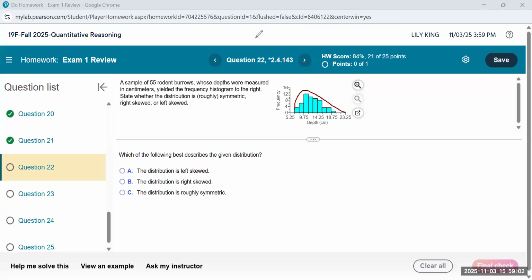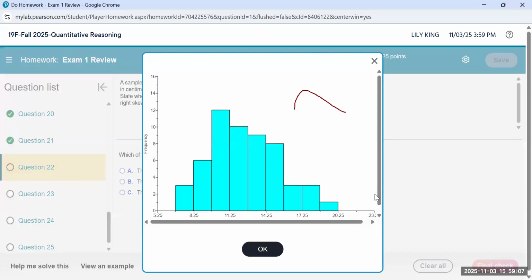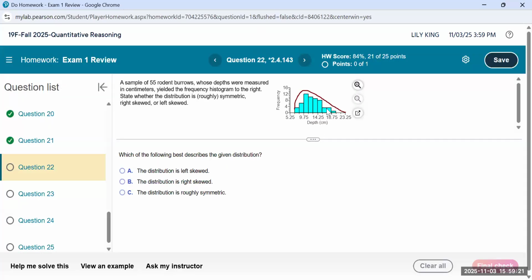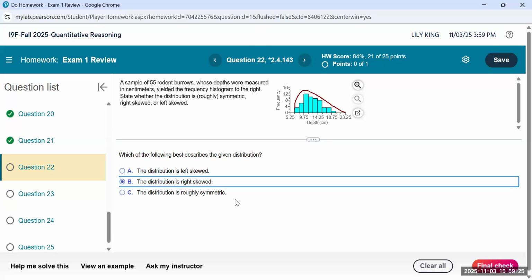You can also make this graph larger to really see how the graph is behaving. Realize that most of the data points are going to be skewed right. We have the long tail on the right side, so the distribution is right skewed.